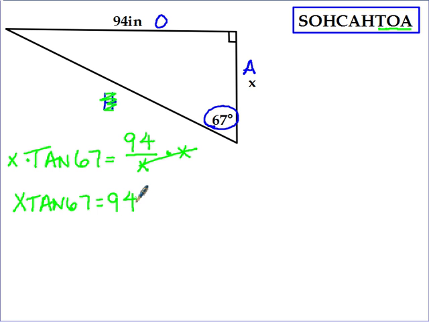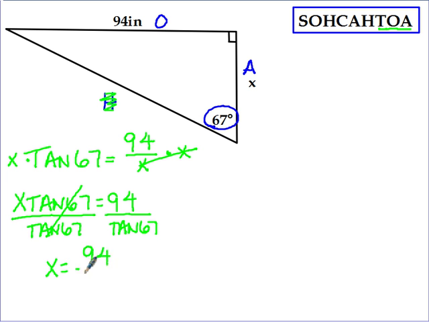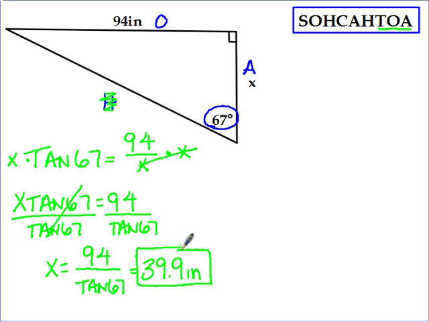Then we're going to divide both sides by the tangent of 67. So I'm going to plug 94 divided by the tangent of 67 into my calculator. And that's going to give me 39.9. And don't forget units. We are finding a side length of a triangle, so you still need the units there.